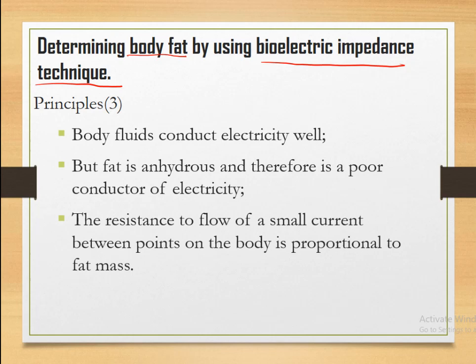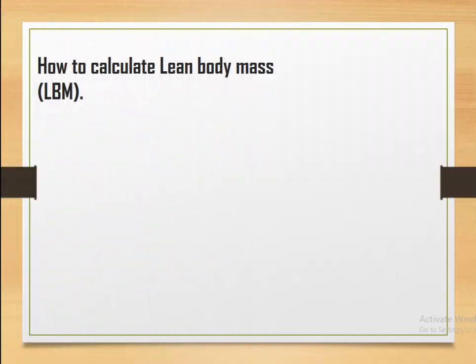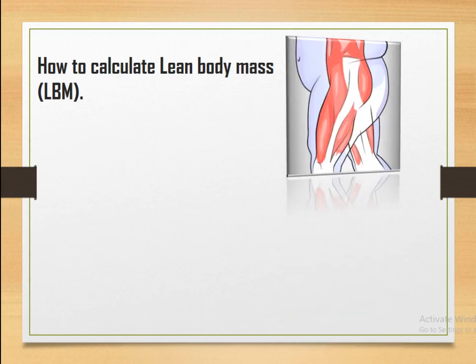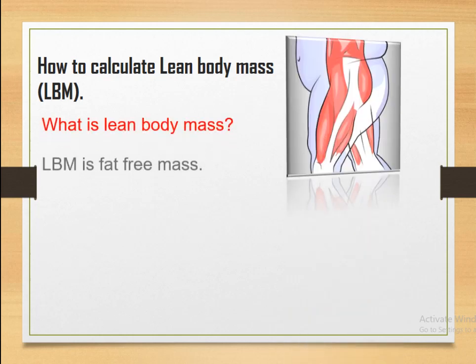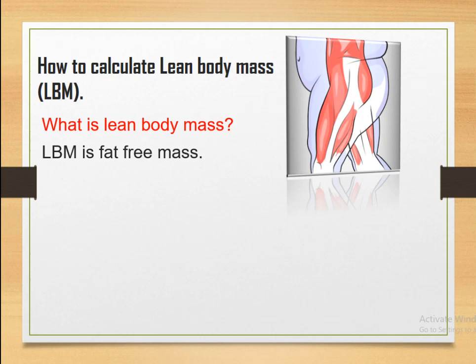With that being said, let's quickly look at the next component, which is the lean body mass. So the question is, what is the lean body mass? The lean body mass is fat-free mass.